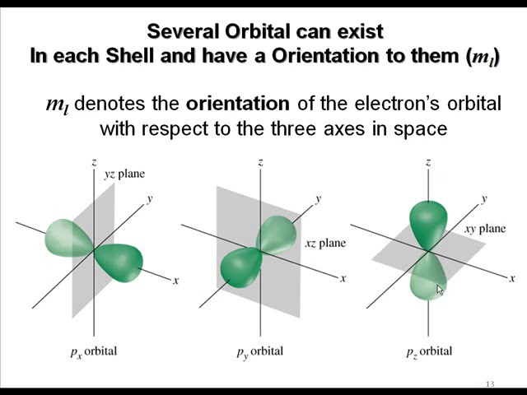Now what that simply means is that the orbitals themselves are oriented in locations relative to the coordinate system or coordinate plane. And electrons again can appear in this orbital or this orbital or this orbital. Any given orbital, such as the one right here, can only handle a maximum of 2 electrons.